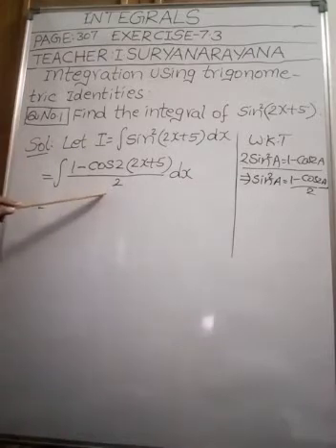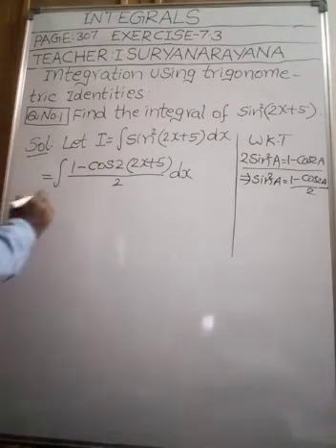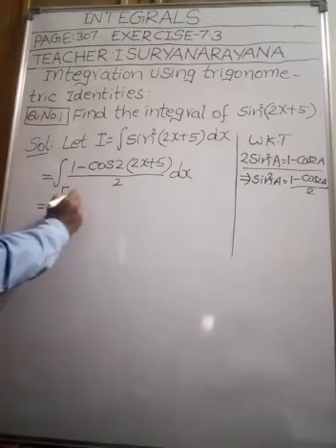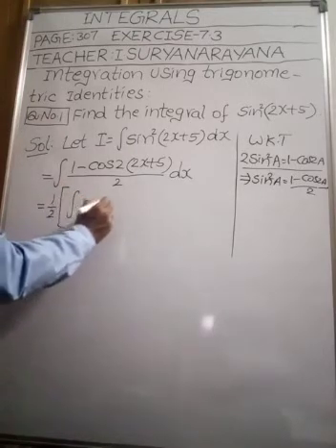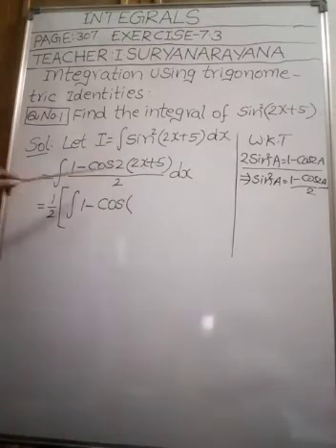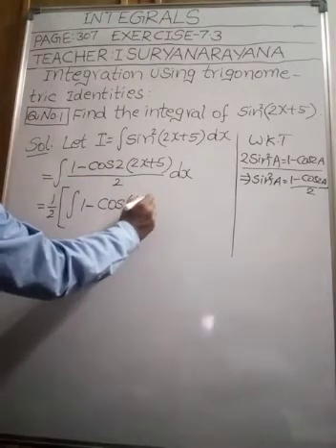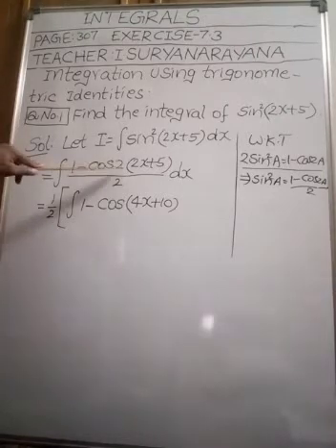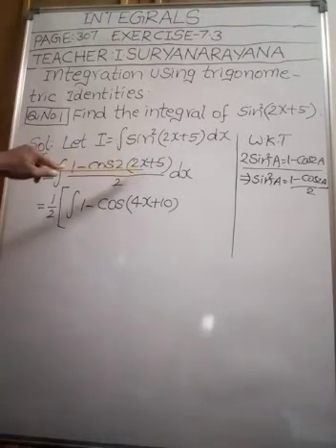Here 1 by 2 is a numerical coefficient, so we can write it outside, into the integral of 1 minus cos. Let us multiply these two. What will you get here? 4x plus 10. We used the distributive property.